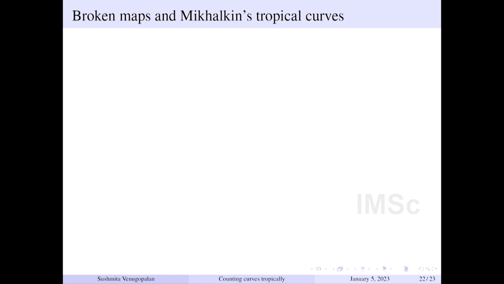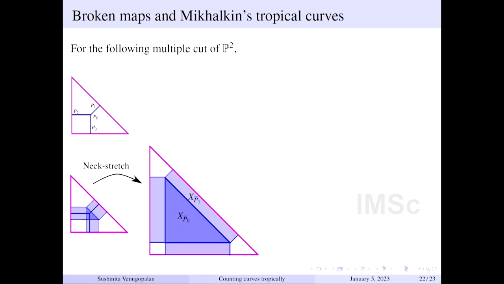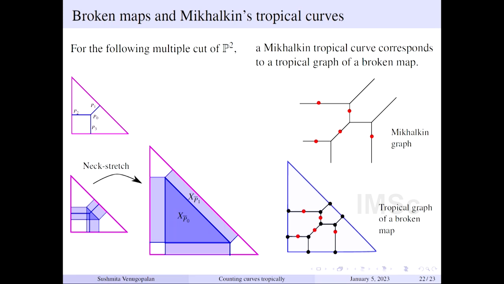If you take P2 and cut it in that manner, neck stretched manifolds have this shape, and given a Mikhalkin tropical curve, it corresponds to a unique broken map, in the sense that you literally take the Mikhalkin graph and that is the tropical graph of our broken map.